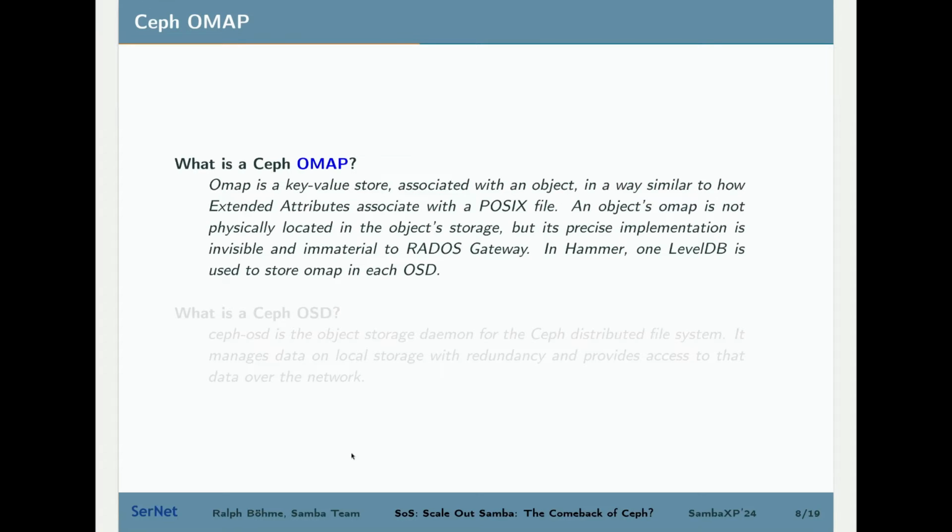But in the end, everything is stored in one low-level key value store per OSD. I think this quote is not from the latest release; it's from an older one, which still says that in the Ceph Hammer release, LevelDB was used as the database. In the recent documentation, this was changed to saying we use some database in the background, but we don't tell you which one. So that's the Ceph OMAP.